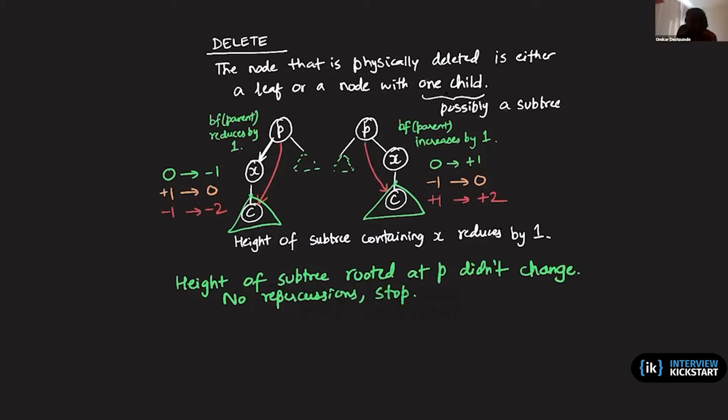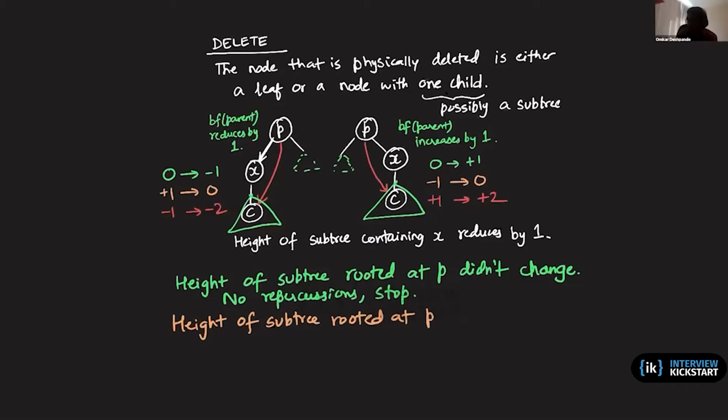So the height of the subtree must have decreased by 1. Decreased by 1.